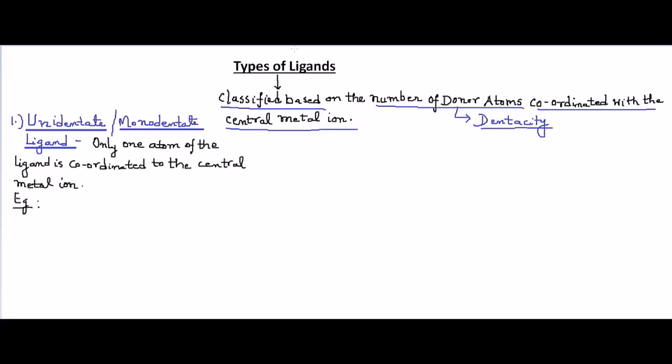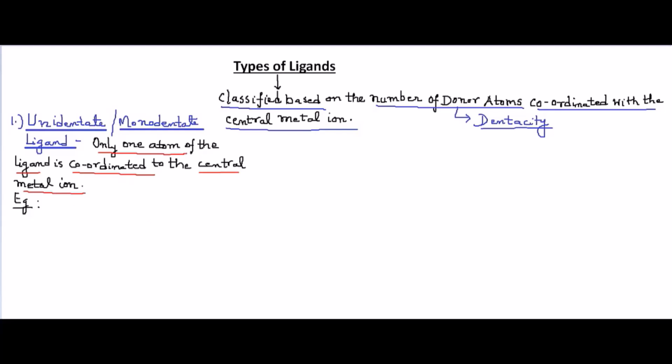What are unidentate or monodentate ligands? As I have written here, unidentate or monodentate means just one. So only one atom of the ligand is coordinated with the central metal ion, and it will donate a pair of electrons to the central metal ion. Just one atom will be directly attached to the central metal ion.